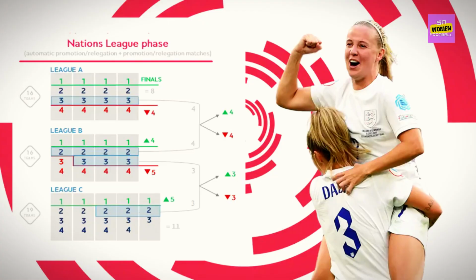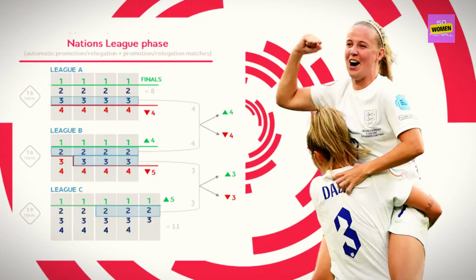The third place teams in League A will be paired up against League B's runners-up, and the winner of each tie goes to League A and the loser goes to League B. Subsequently, the best 3 third place teams in League B will be paired up against the best 3 runners-up in League C, and the winner goes to League B and the loser goes to League C. That seems pretty fair, right?